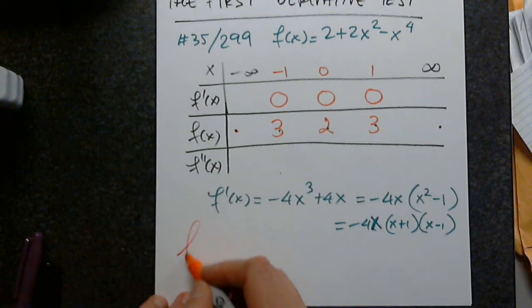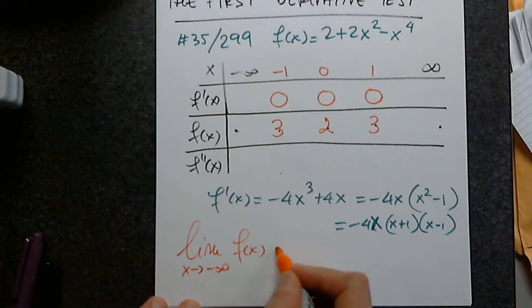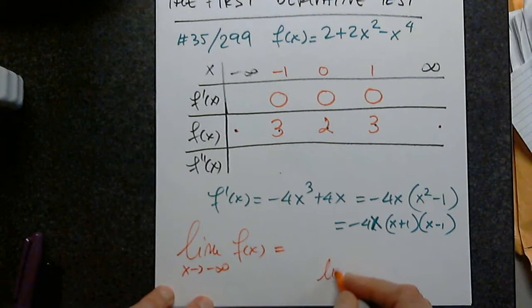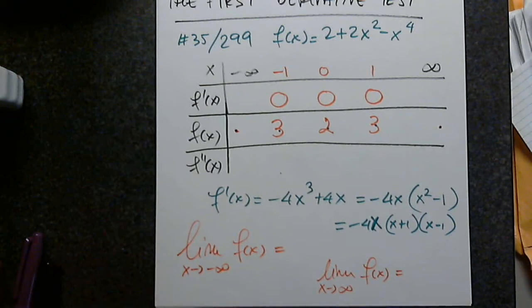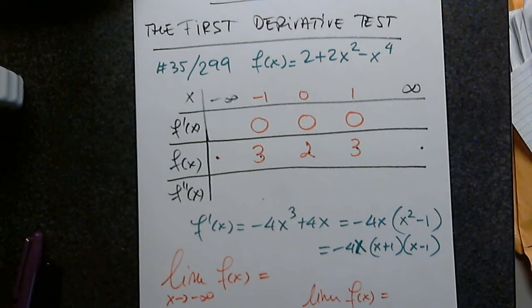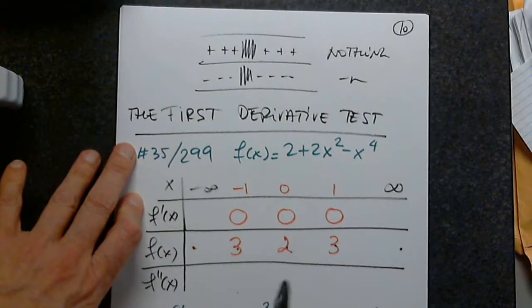Thank you very much. The limit of the function as x approaches negative infinity and the limit of the function as x approaches infinity. In pre-calculus, I was telling my students it does, but now I'm going to say nope, because we studied limits. So what is the limit of this function when x approaches negative infinity?